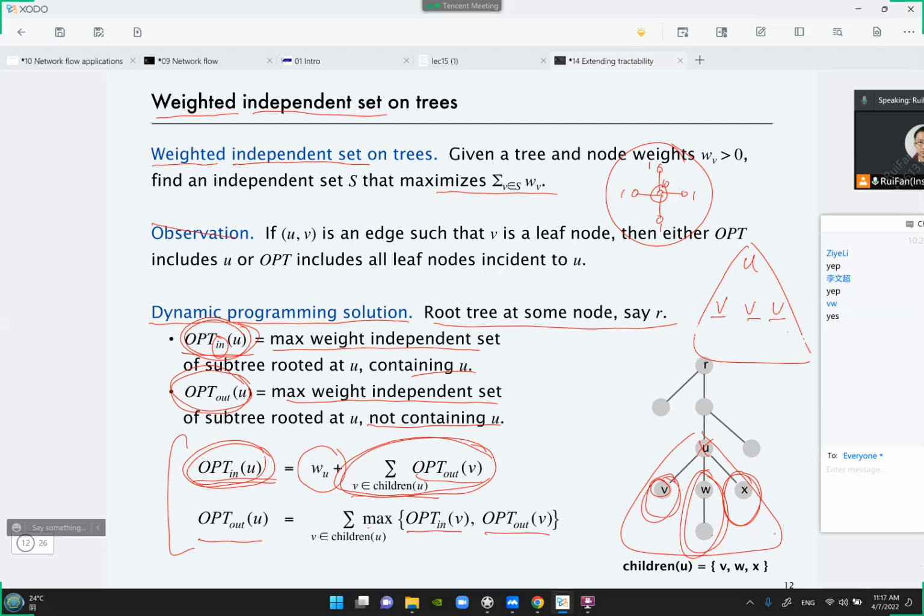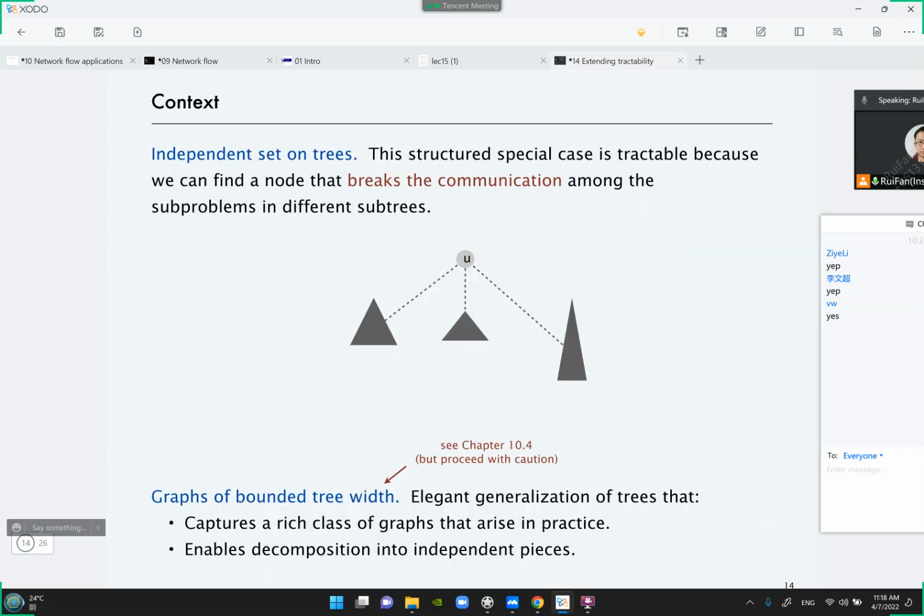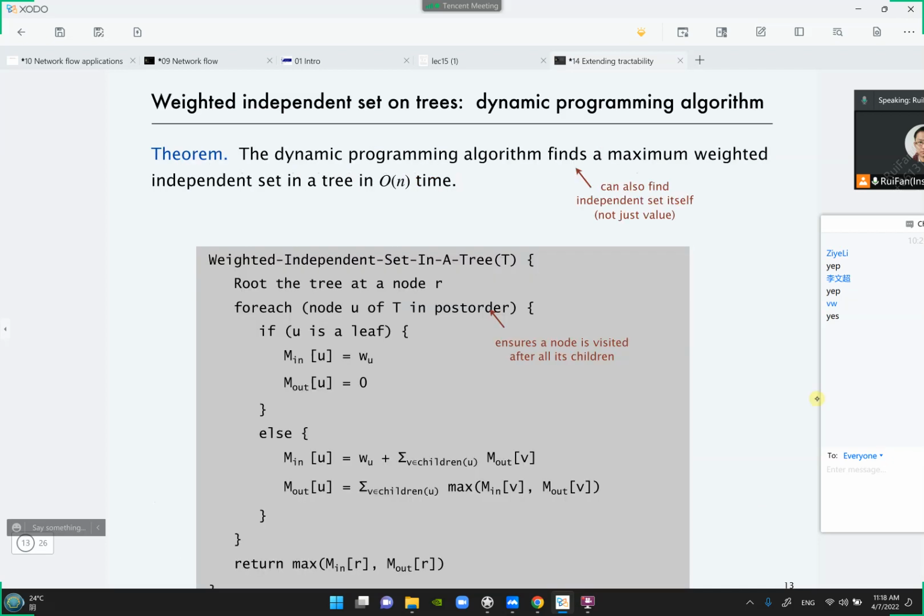So what kind of ordering of the nodes can achieve this property? Well, a post order can achieve this property. So if you visit the tree in post order.